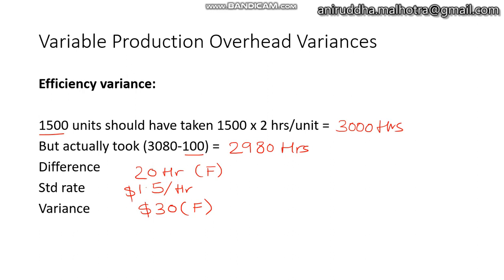Whereas in the efficiency variance, we are looking at the number of hours that it should have taken to produce the actual number of units produced compared to the actual time taken, and the difference multiplied by again your overhead absorption rate. And once again, when you're considering the actual hours worked, get rid of the idle hours, only consider the actual hours worked. So I hope this example explained clearly the two variances, that is your variable expenditure and variable efficiency production overhead variances.